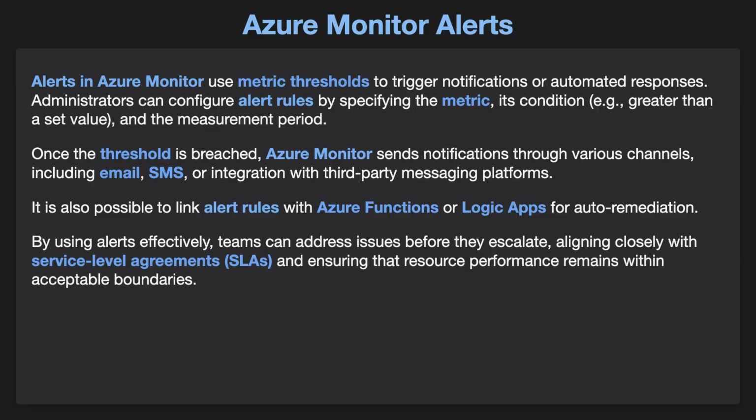It is also possible to link alert rules with Azure Functions or Logic Apps for auto-remediation. By using alerts effectively, teams can address issues before they escalate, aligning closely with service-level agreements, SLAs, and ensuring that resource performance remains within acceptable boundaries.